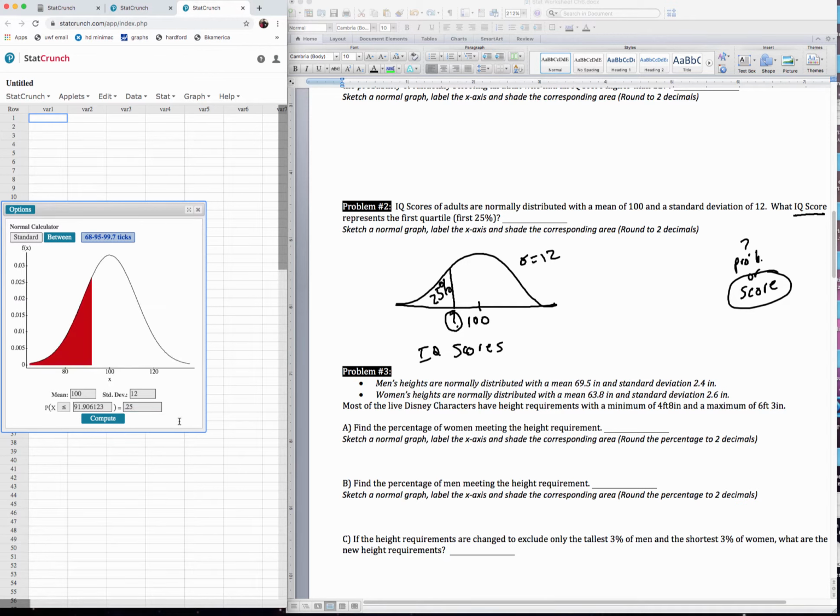Boom, compute. So the score is 91.91. So essentially, if you got a 91.91, you beat 25% of everyone. I guess that's good in a certain way because you beat 25%. The bad way is 75% of the people beat you. Okay, let's go next.